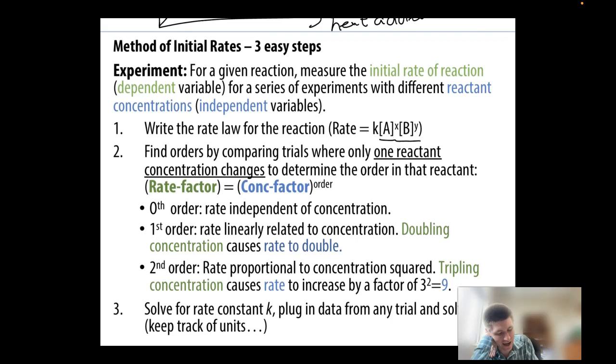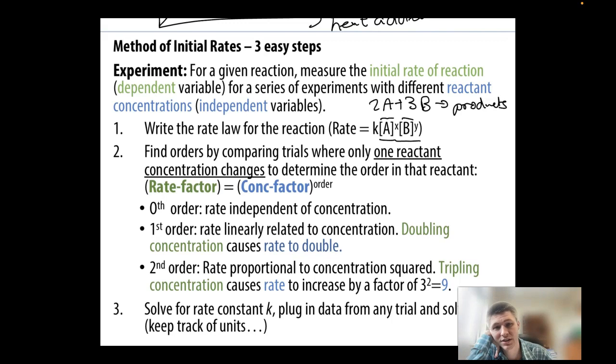So this k[A][B], right, this is assuming that the reaction is something like 2A plus 3B goes to products. A and B here are our reactants, right? So whatever the reactants are, those go in these terms in the equation right here.